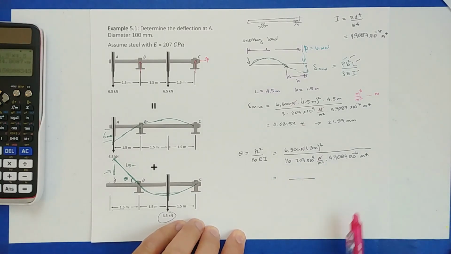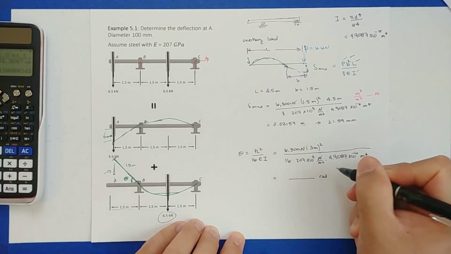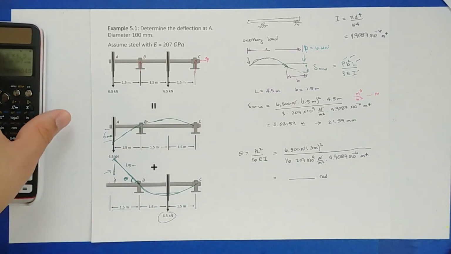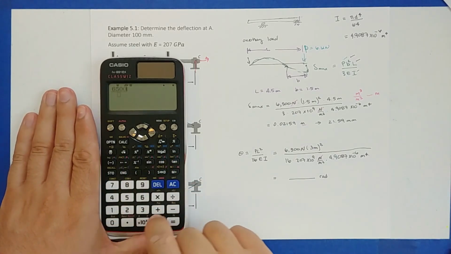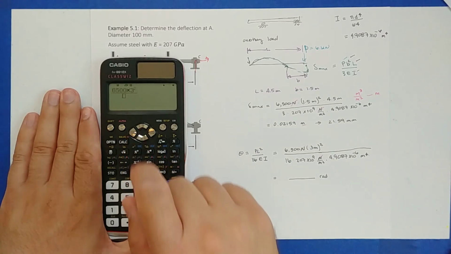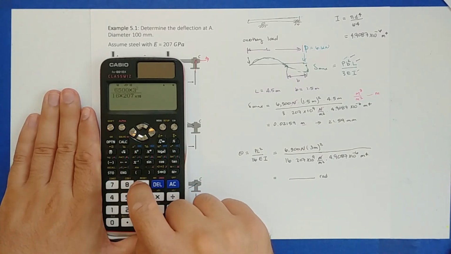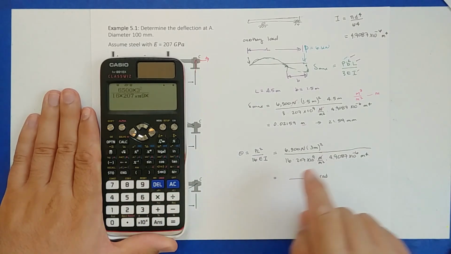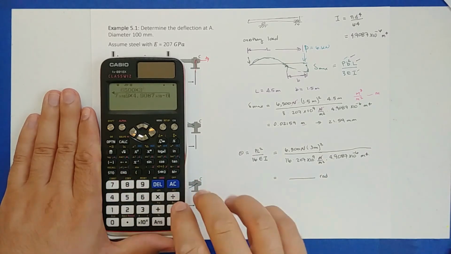Not quite, right? If you remember, that equation is going to give the angle in radians. So all we have to do now is plug it in the calculator. 6,500 times the length, which is 3 meters squared, right? Divided by 16 times 207 e to the 9 times the I, which was 4.9087 e to the minus 6.